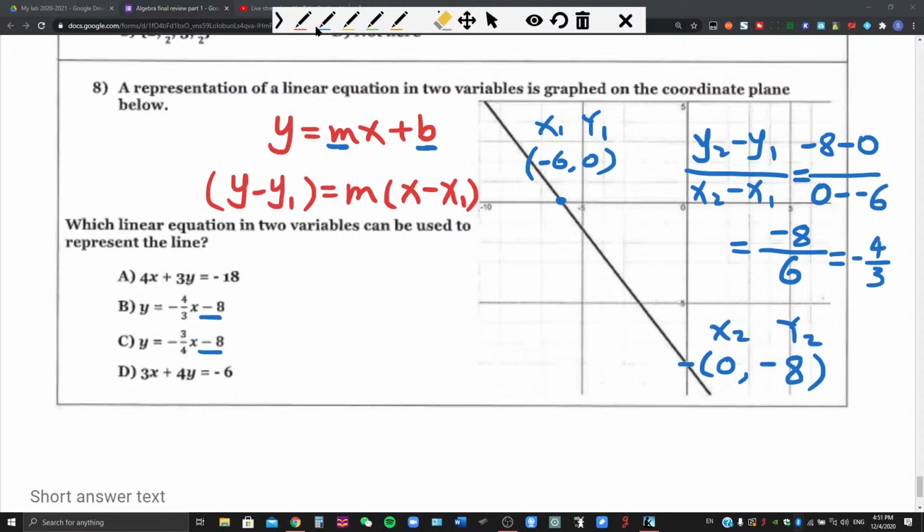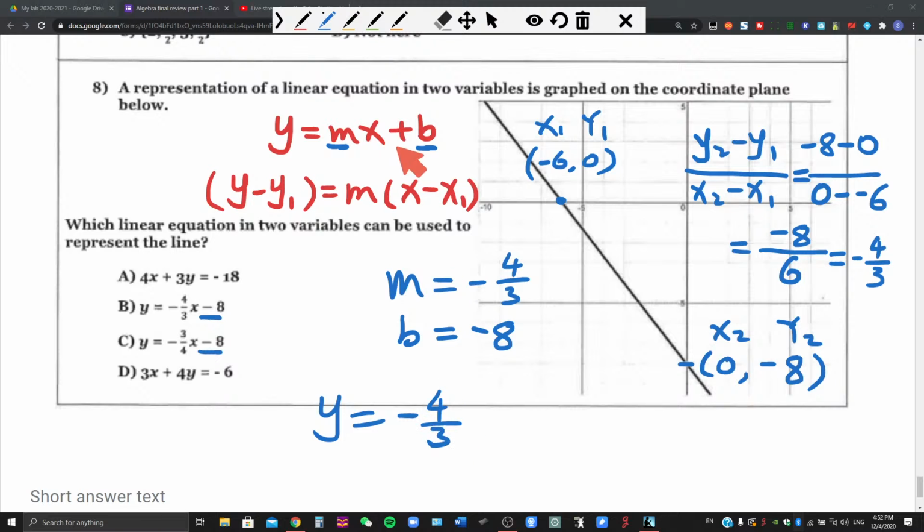Let's write down. M is negative 4 over 3. B is negative 8. Put into the formula y equals negative 4 over 3 times x plus b. B is negative 8, so plus negative 8, just negative 8.